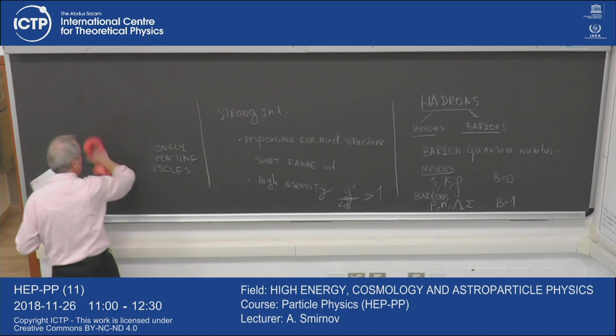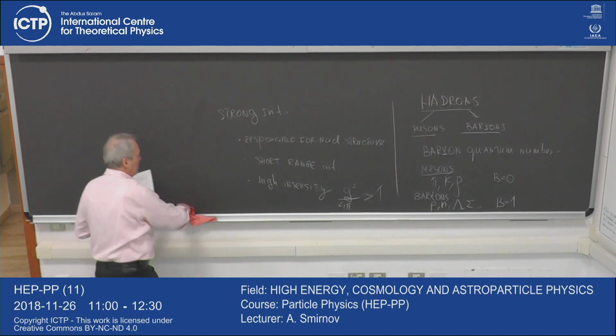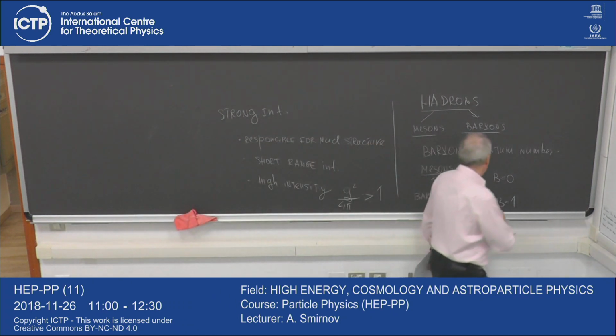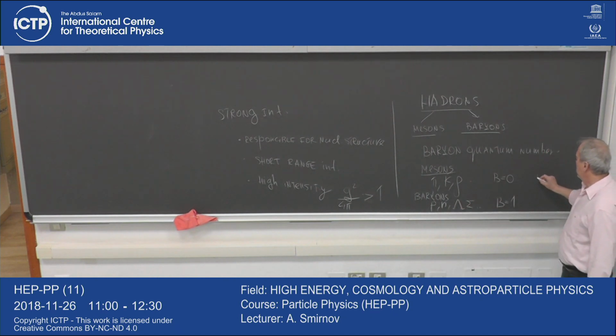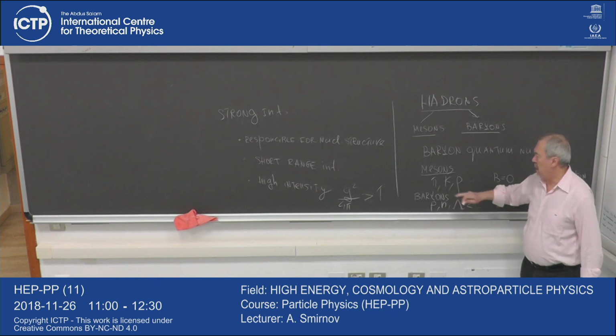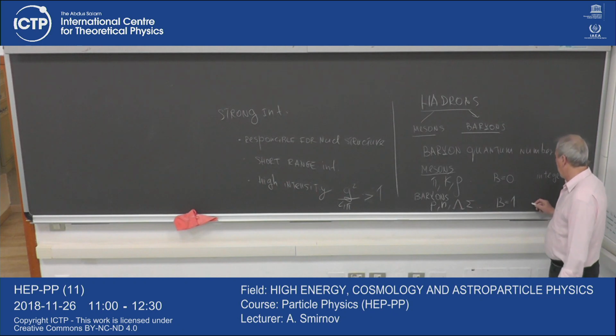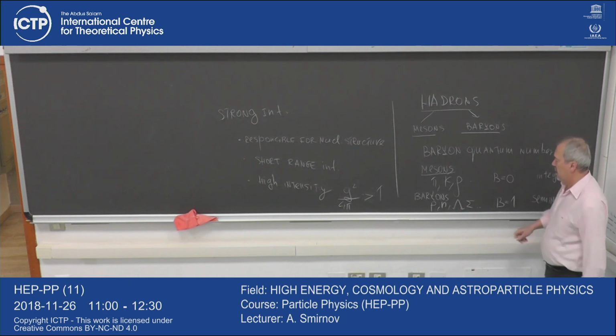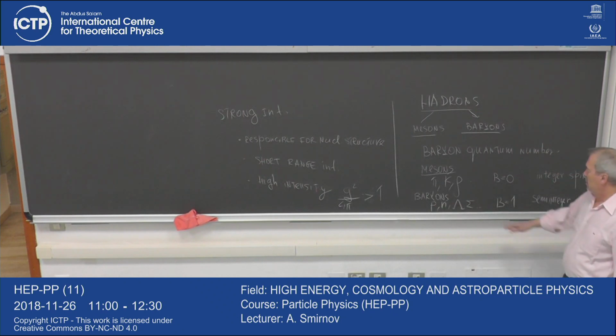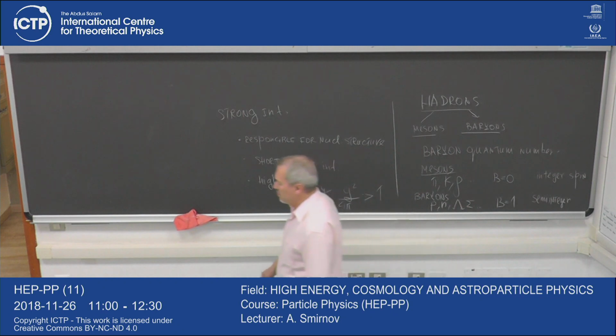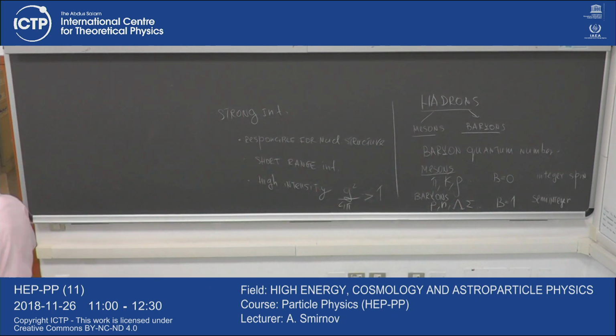And also one can recognize immediately that mesons have integer spin: zero for pion and K mesons, 1 for rho mesons, etc. And baryons have semi-integer spin, like 1/2 for proton, neutron. Actually, all these particles have spin 1/2. However, there are particles with spin 3/2.